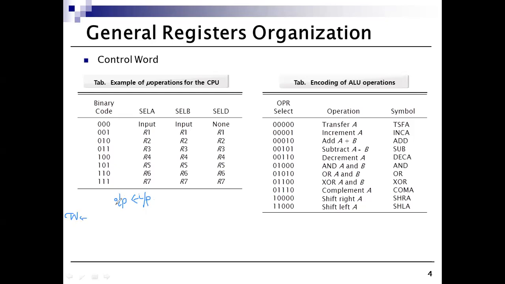Input contents we are transferring to output. First, SELA will be input, so it is 3 zeros. SELB will not be there. SELD will also not be there. And the micro operation is 0, 0, 0. So all zeros.